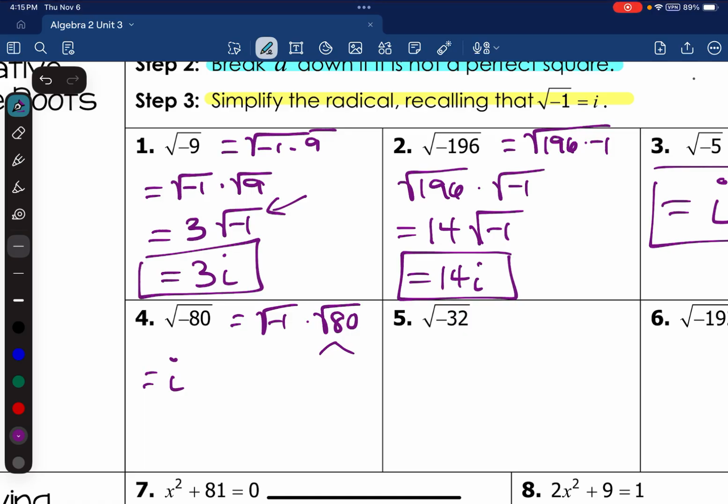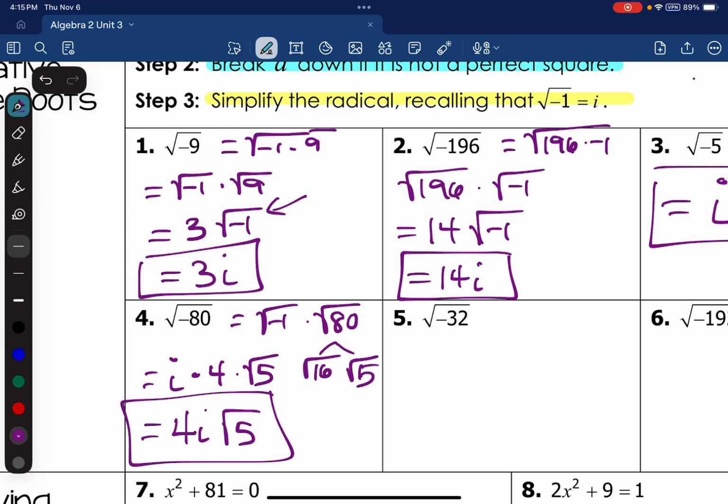It is divisible by 4, but it'll have more perfect squares. Radical 16 times radical 5. 16 times 5 is 80. And radical 16 simplifies to be 4. So if we're writing it in the proper order, 4i radical 5.